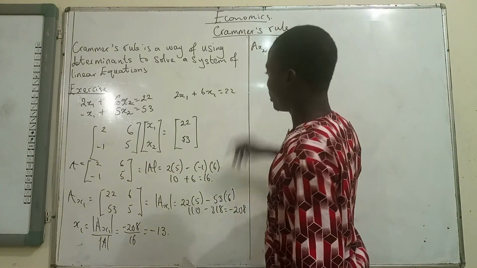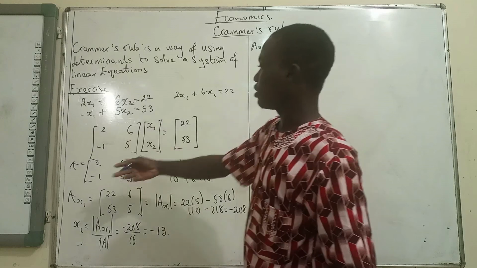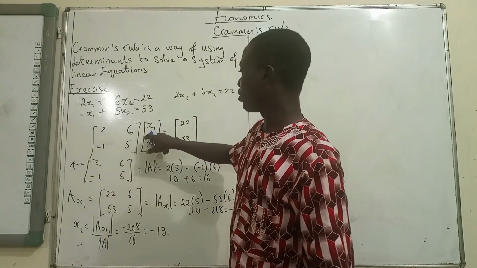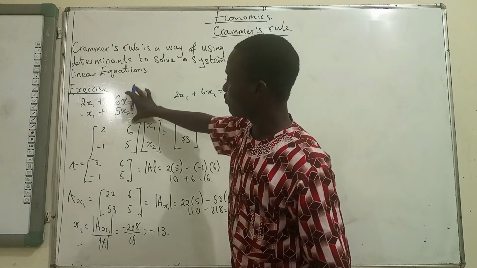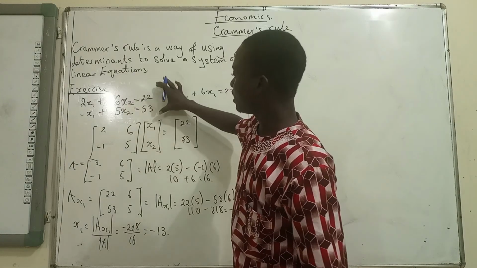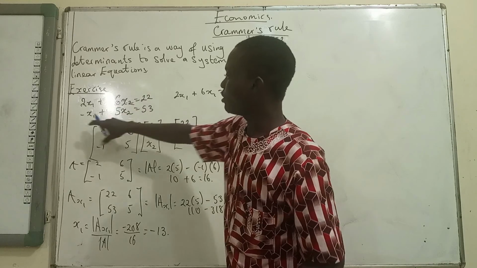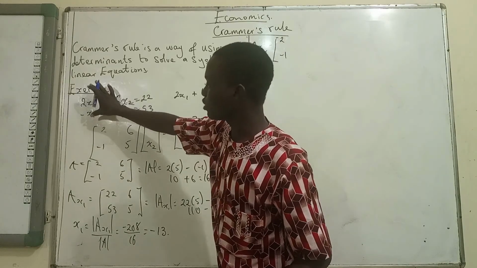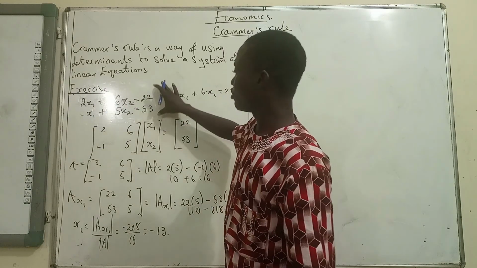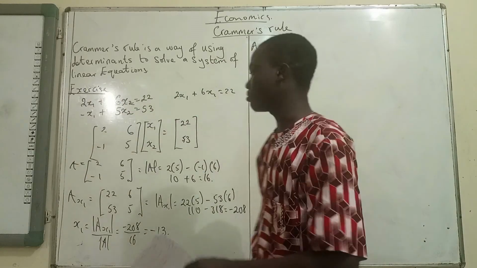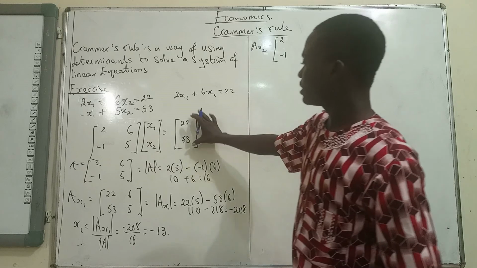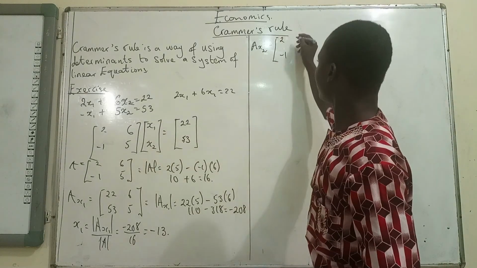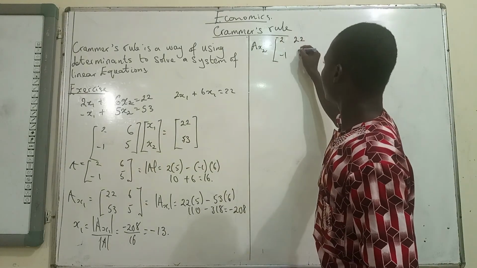This is where x2 is, because if you look at it, 2 times x1 plus 6 times x2, 5x2, so we take 6, 5 away, then we replace with 22 and 53.